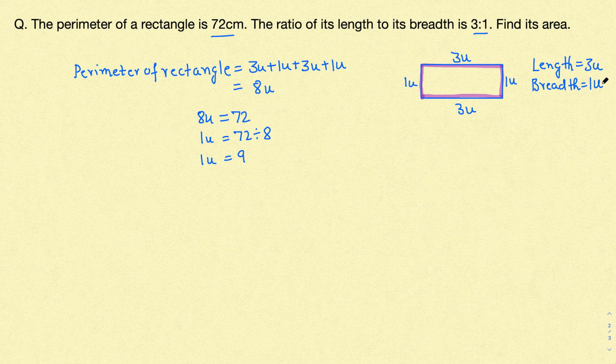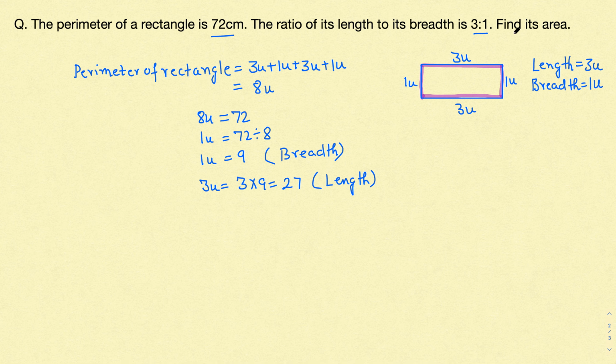The breadth is 1 unit itself, so this is the breadth, 9 cm. And how about the length? The length is 3 units. So 3 units will be 3 times 9, which is equal to 27. So that's the length of the rectangle.